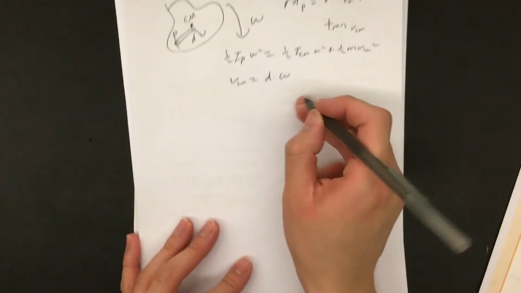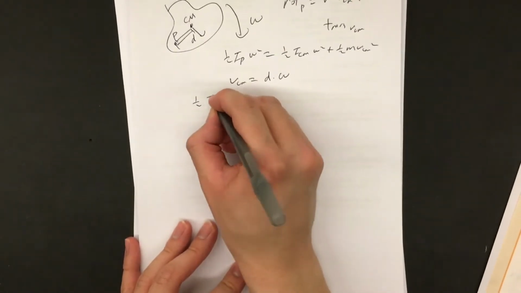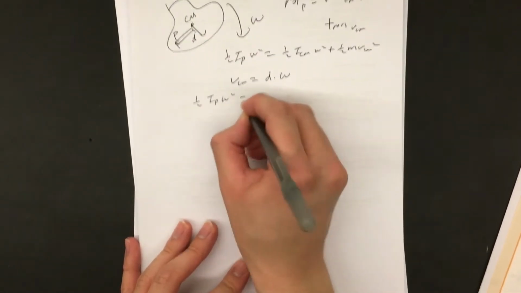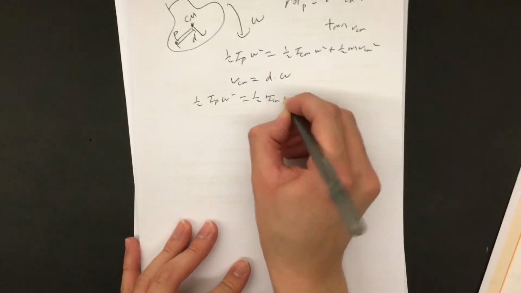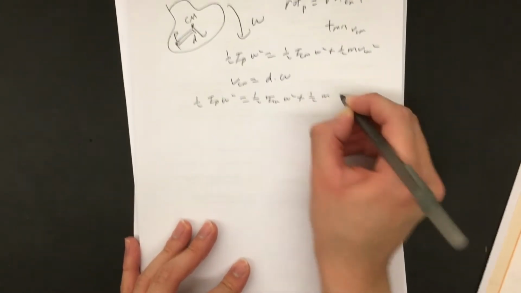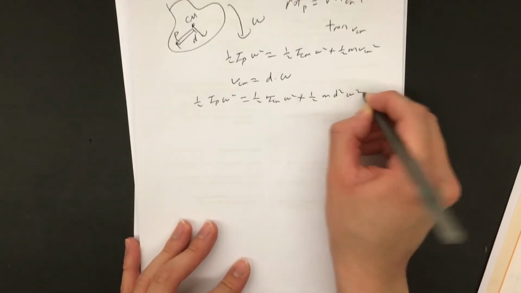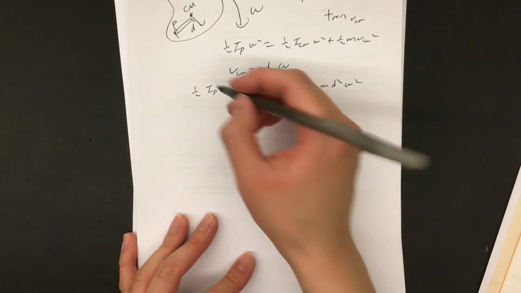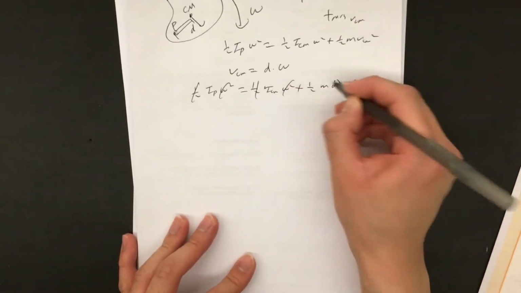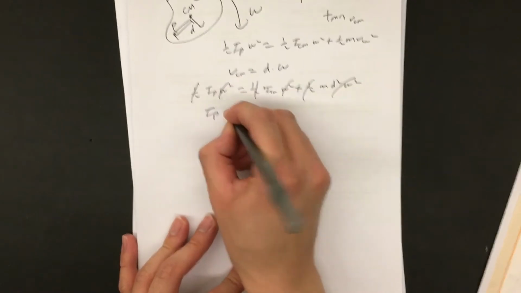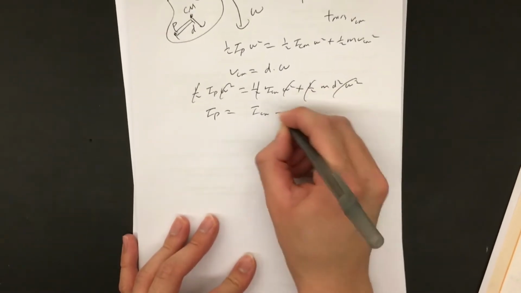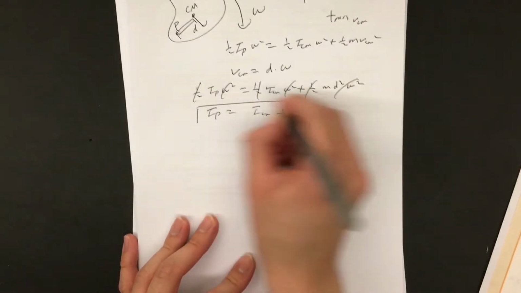Therefore, plugging this back in, the equation is going to be 1/2 IP omega squared equals to 1/2 ICM omega squared plus 1/2 m d squared omega squared. And canceling out the 1/2 omega squared term, I get IP equals to ICM plus m d squared.